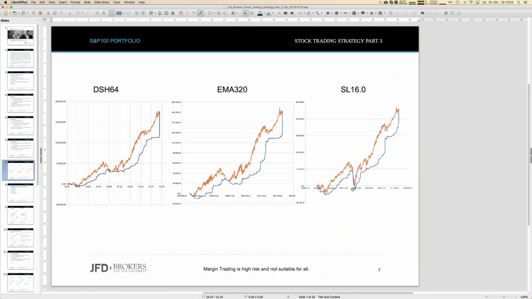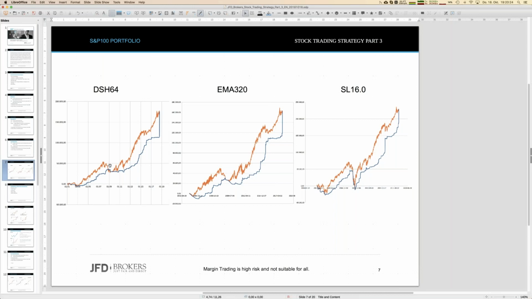Okay, but we have a drawdown of about 70,000. Wow. So that drawdown is always our biggest problem within those strategies. They are doing well most of the time, but the financial crisis 2008 to 2010 hit them really hard.